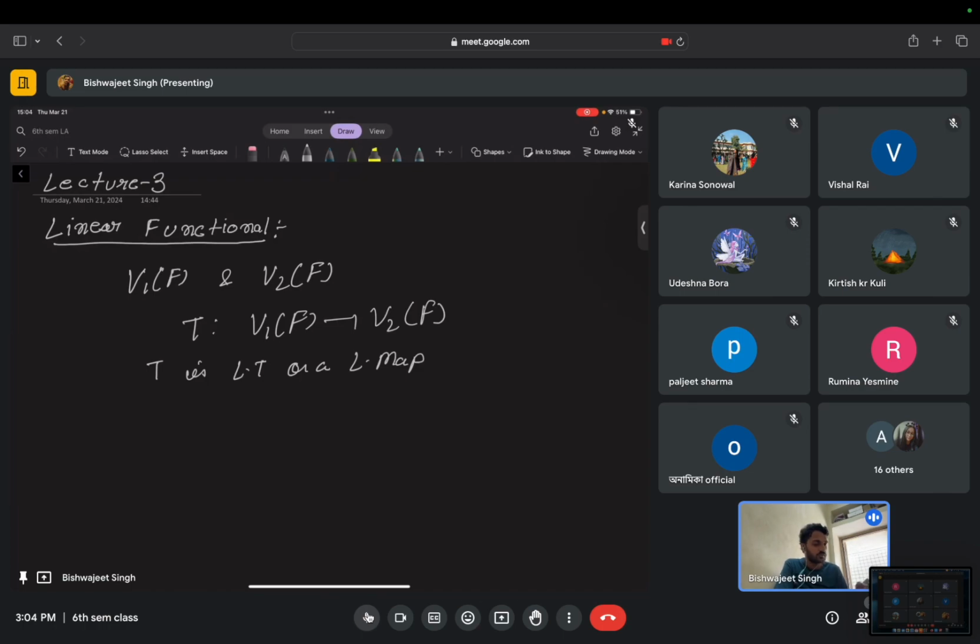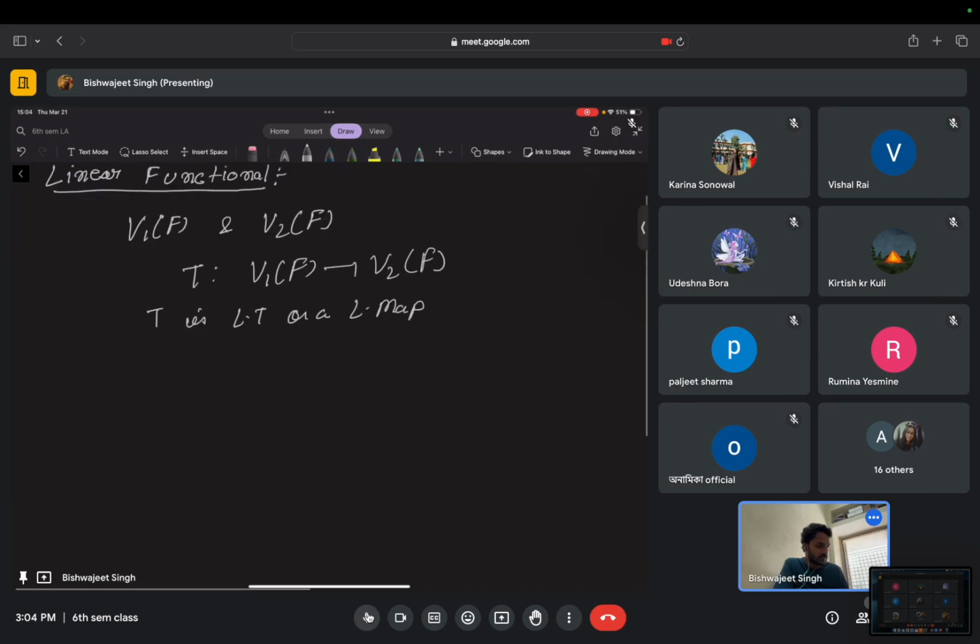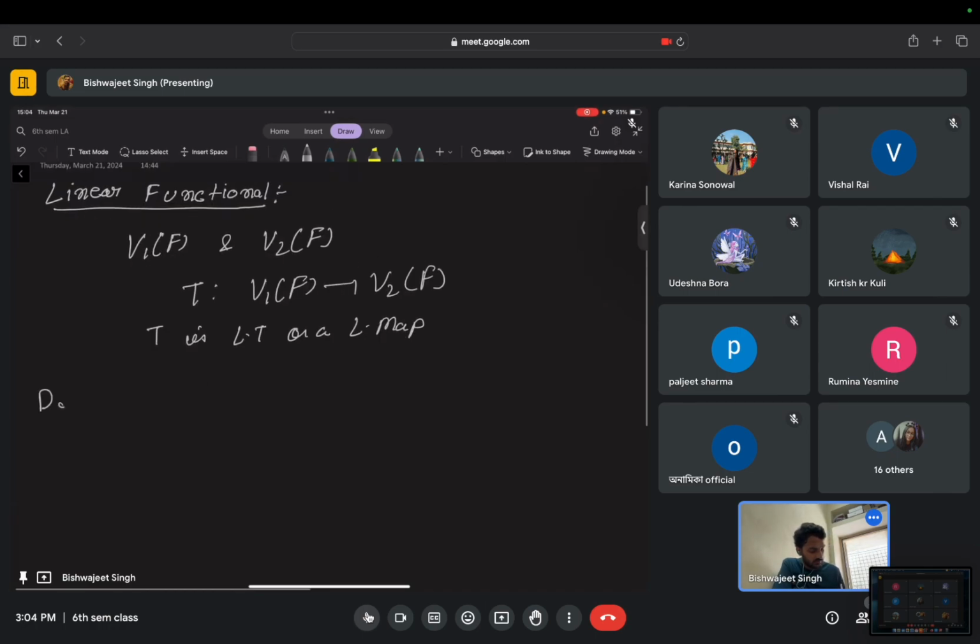So here also we can see the term linear, right? So what is the definition of the linear function? It is nothing but a linear transformation from the vector space to its field.